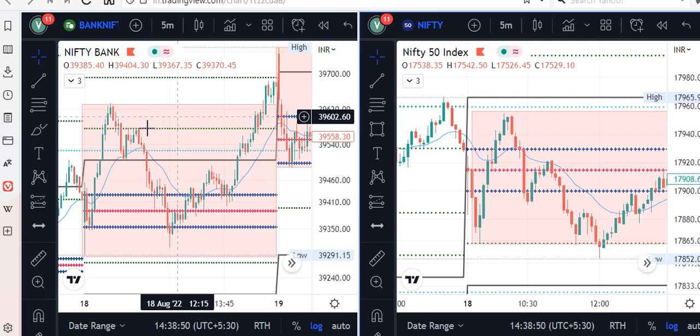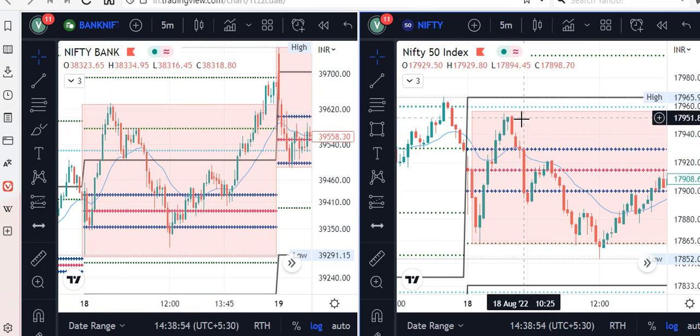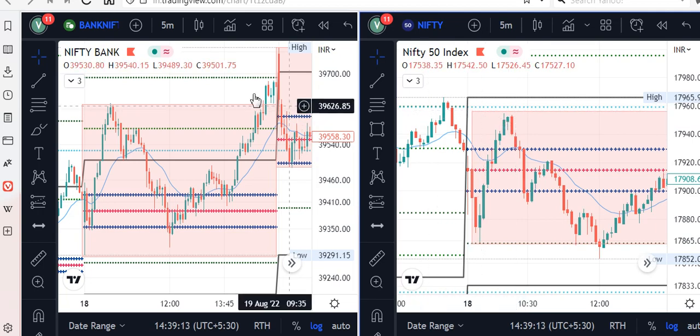If it takes rejection here, Nifty also takes rejection here. That means there are a number of factors to look at. So you have to take only one strategy so that you will be familiar with it. That strategy acts in different situations, on different days, and you will come to know it. Then by the end of the month you will make some money.